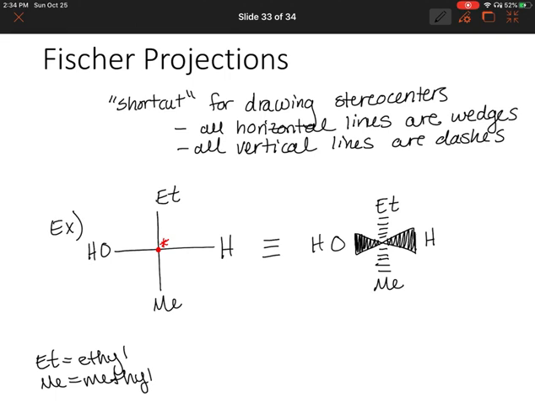Okay, so now what we're going to do is prioritize each of these different groups that are attached to the stereocenter in the middle. So let's see, what would have first priority? The methyl group, the OH group, the ethyl group, or the hydrogen?